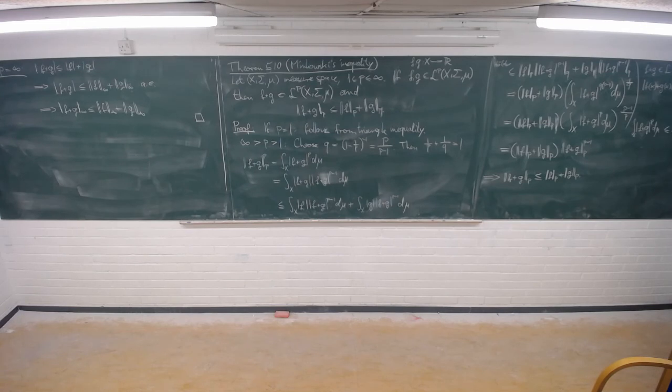And then the integrals on the right hand side are finite because f and g were assumed to be in L^p, and that's why (f plus g) to the power p is integrable.